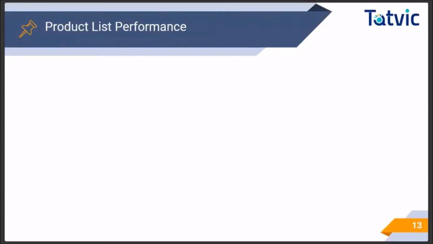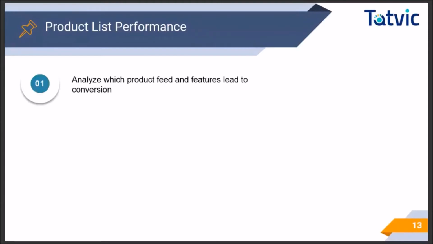So we will navigate to the next report, which will be the product list performance report. Again, a very, very important report in Google Analytics Enhanced E-commerce. So as an e-commerce store, you will certainly have multiple properties or multiple sections on your website, such as the top navigation menu, or the catalog section, or the search section, the internal search, or the recently viewed section, or the recommended section.